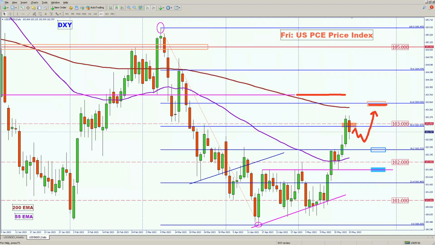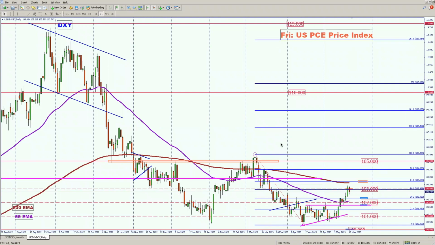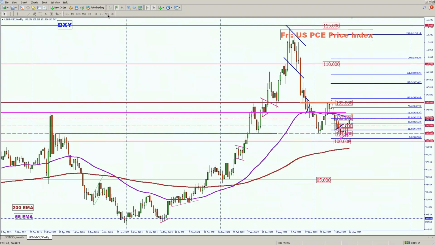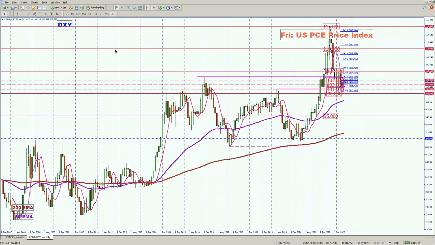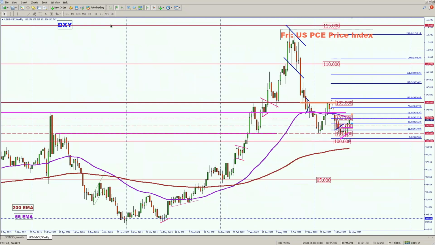Let's check that. So it does try to climb up higher. It's all the way back multi-year from 2016, and there was a swing high tested twice before.